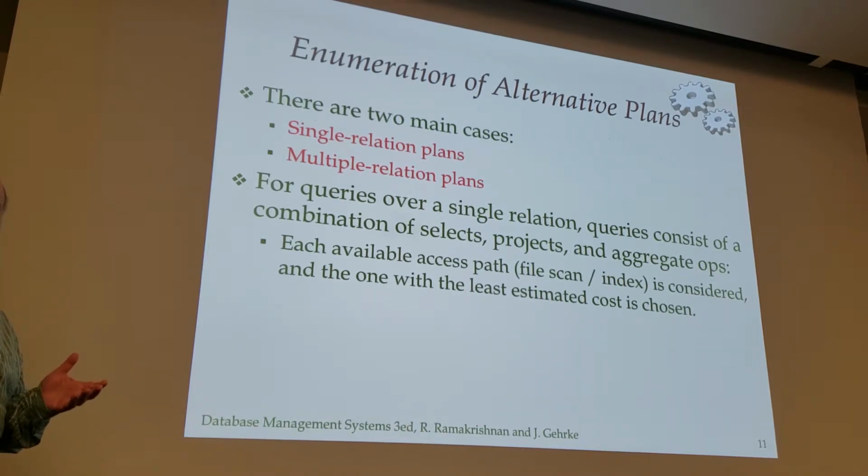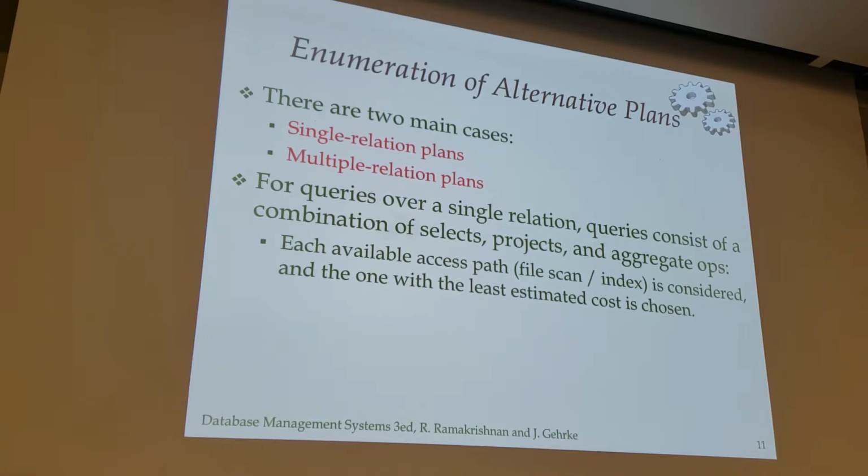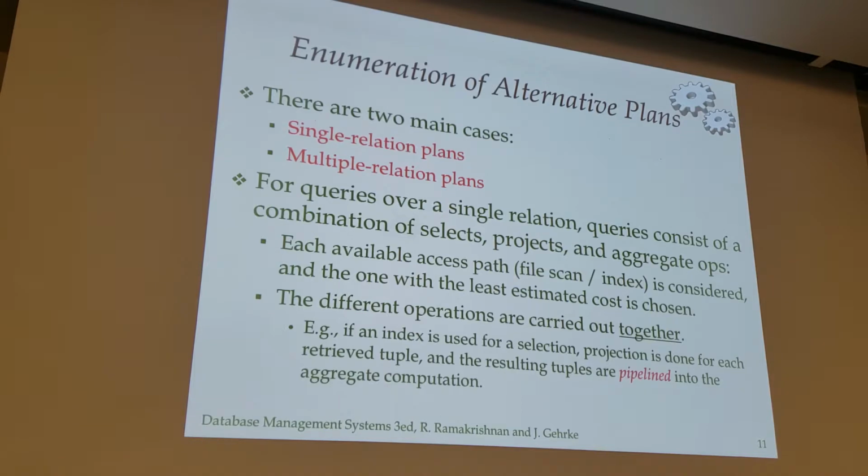So you can always have a plan even when there are no indexes involved, because you can always do the complete file scan. And then you can pick the one that has the least cost according to your estimate and use that as a basis of executing, okay?